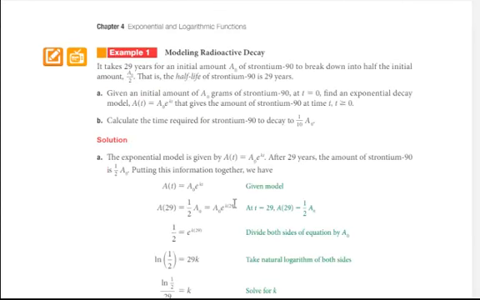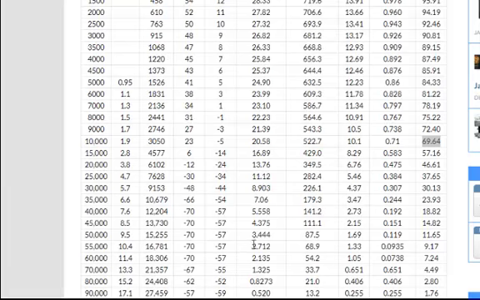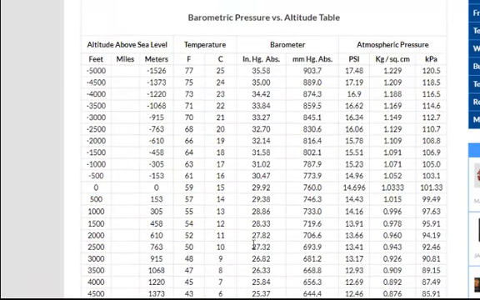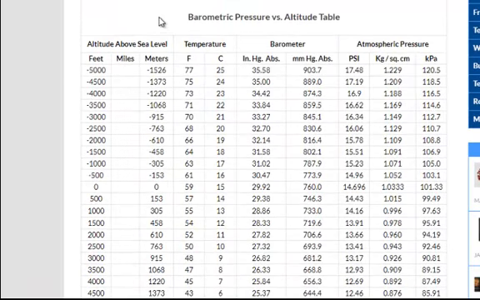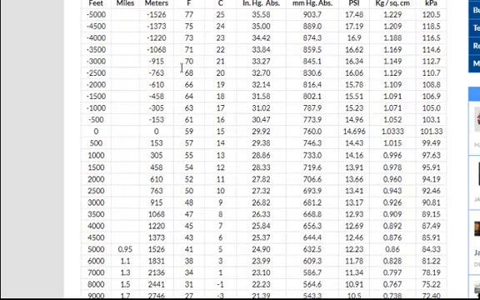So here I'm going to have modeling radioactive decay, which I did in section 4.2. So I'm not going to do it again here. Instead, I'm going to choose something else. And I chose a pressure versus altitude relationship. And there are all kinds of things here.